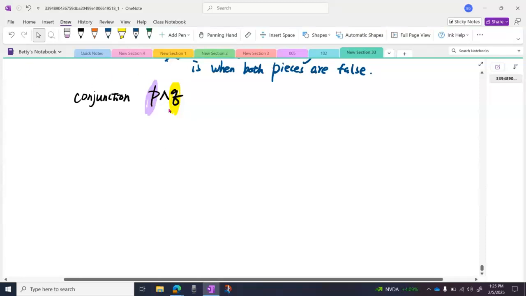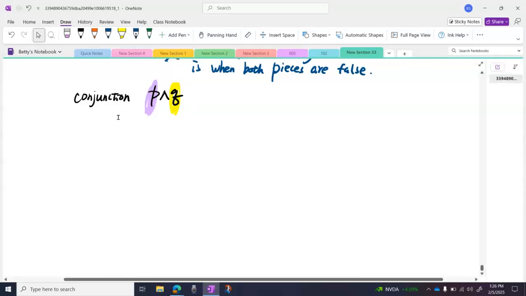So in a conjunction, we also have two pieces. Sometimes the pieces are simple statements. Sometimes they are more complicated compound statements. You will see what I'm talking about later. So just know that the conjunction symbol connects two parts, the purple part and the yellow part. I refer to them as pieces.